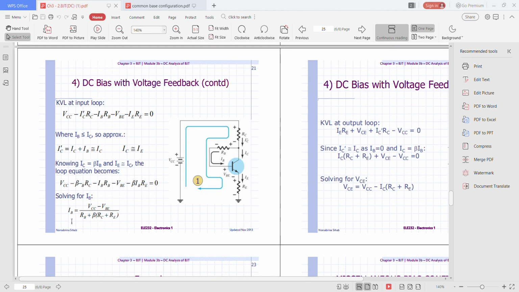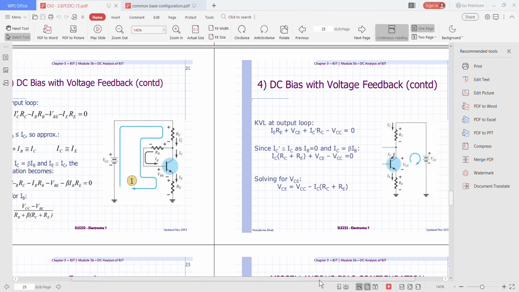Solving for IB, you will get IB equals VCC minus VBE over RB plus beta in bracket RC plus RE. Okay, we move on to the next slide.